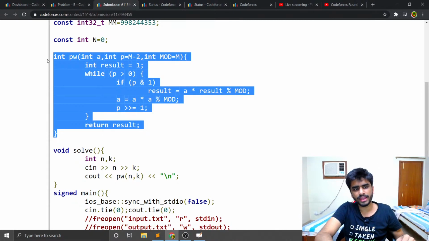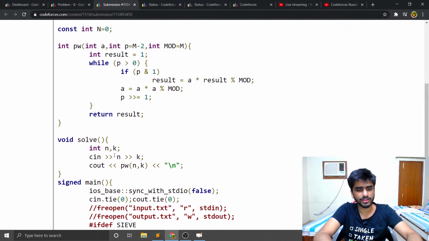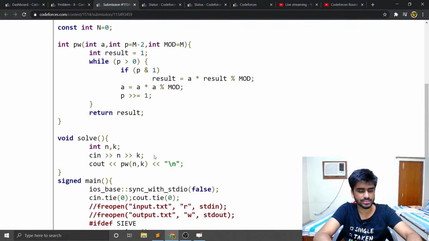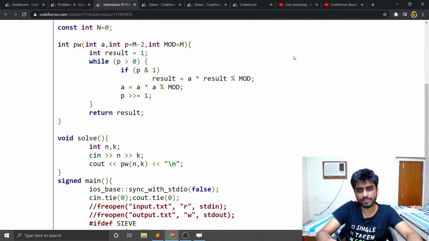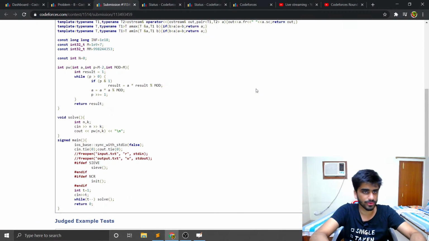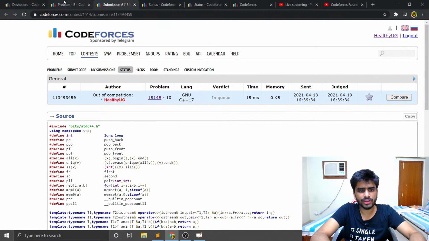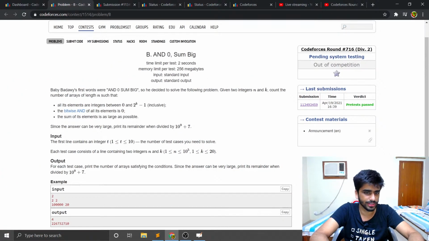You could have done it without this as well, because k is not very big, just 20. So you could have multiplied n by itself 20 times, but you have to use modular arithmetic. Modular arithmetic means that if you want to multiply two numbers, you take mod at each step, otherwise the answer will overflow. That's what we had to do here. If you knew it, it was easy, otherwise you couldn't do it.